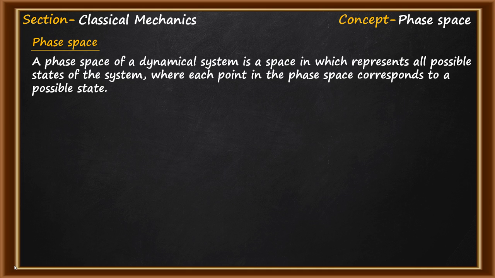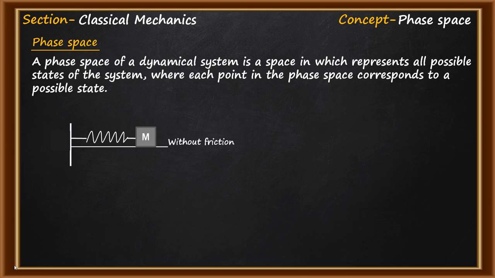So first of all, we will consider the ideal situation of the spring mass system in which the block of mass m can oscillate smoothly without any friction along a horizontal surface. To describe the horizontal oscillation of the block in terms of energy, as you know, potential energy is related to the position and kinetic energy is related to the momentum.